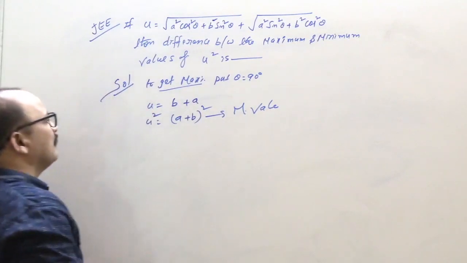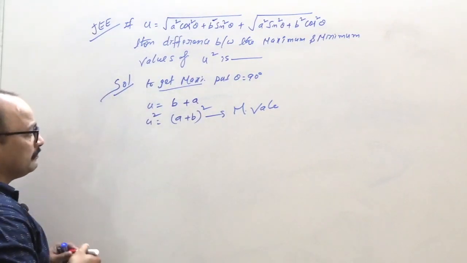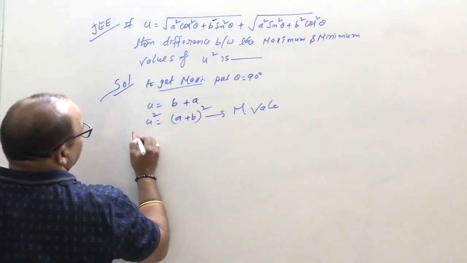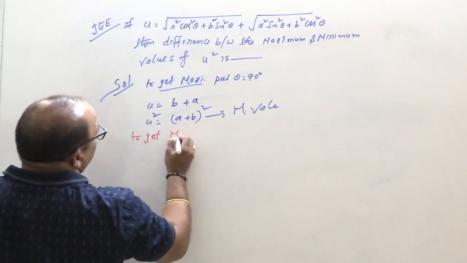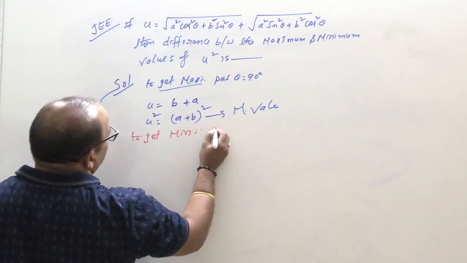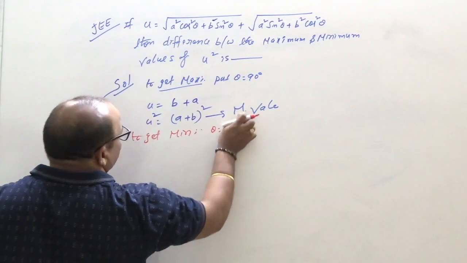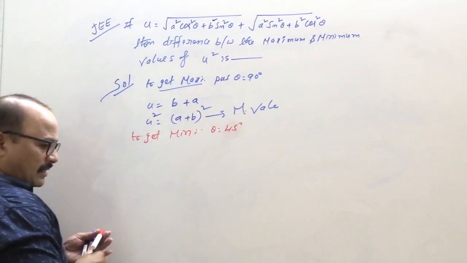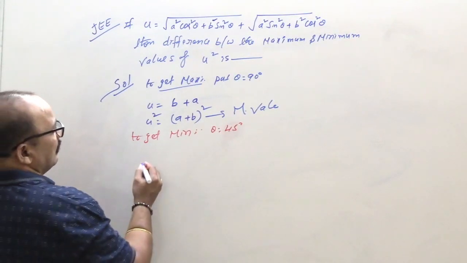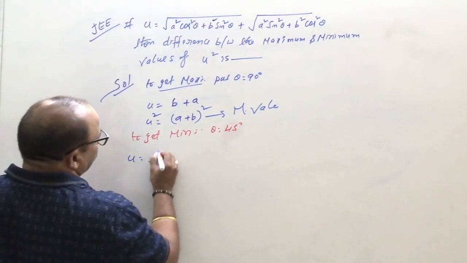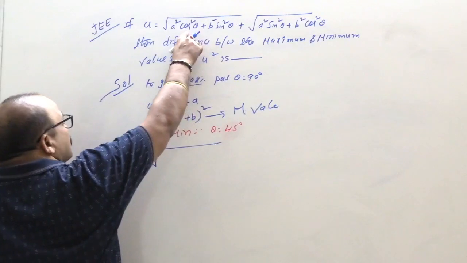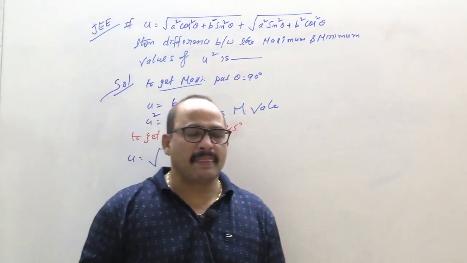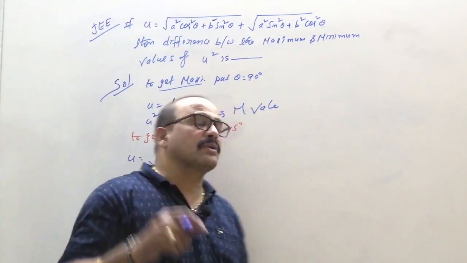To get minimum value, theta is equal to 45 degrees. U is equal to under root of cos 45 degrees, 1 by root 2, 1 by root 2 whole square, 1 by 2.